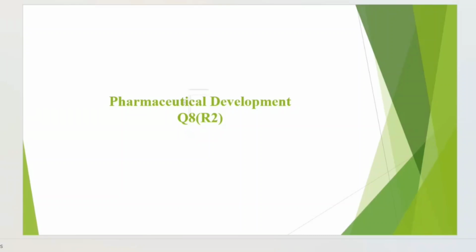Most of you are aware that whenever any project is there in the industry, any new formulation needs to be developed, then which steps are to be followed while performing that formulation development, those steps are given, and how to do the documentation of those activities is given in the Q8 guideline.